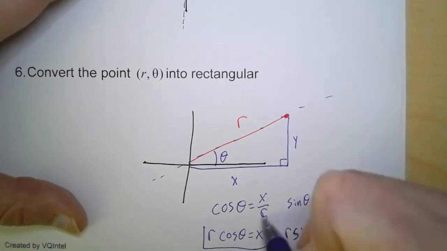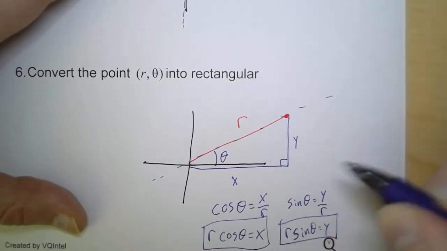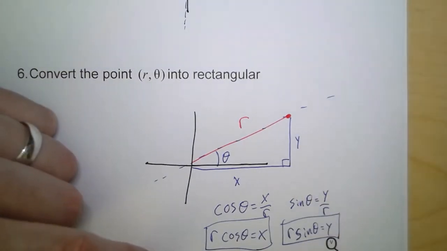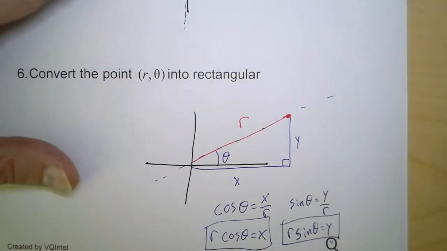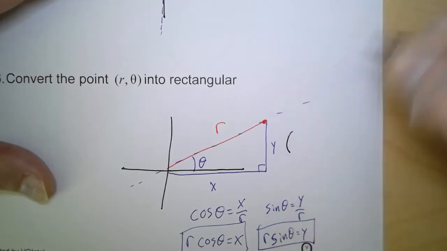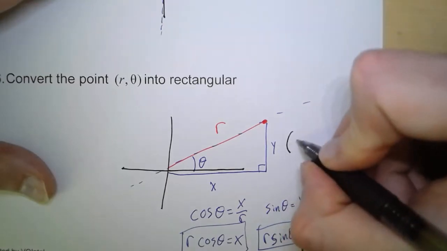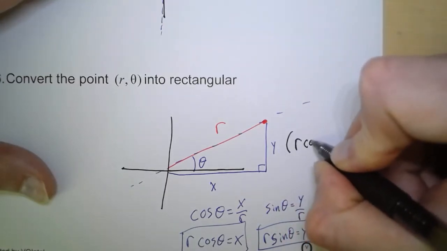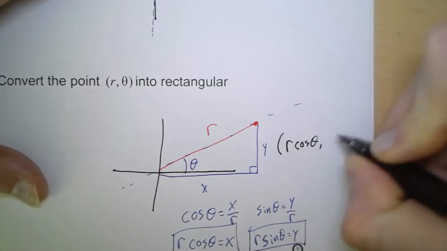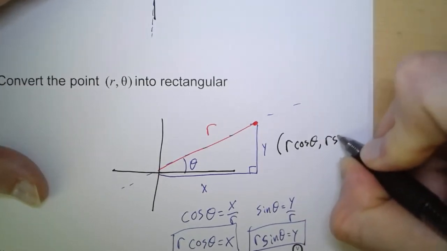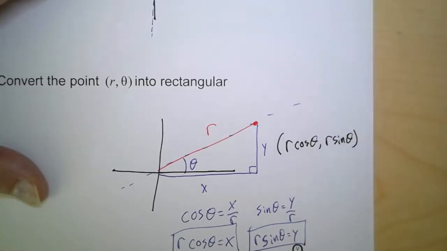Well, these are exactly the values of x and y that we need. So in rectangular, the x value is just r times cosine of the angle, and the y value is r times sine of the angle.